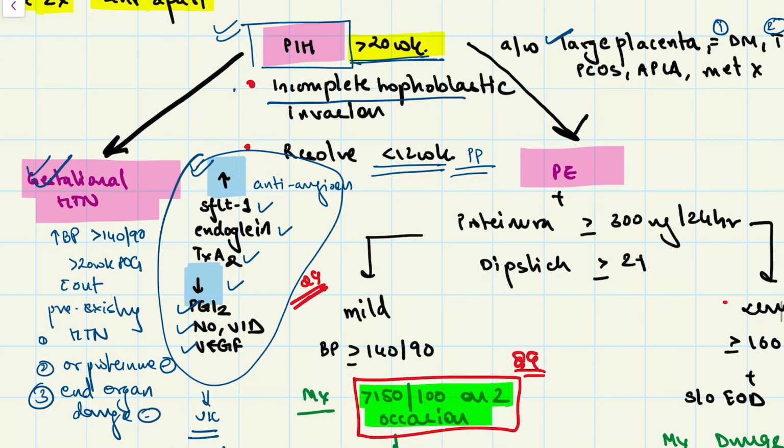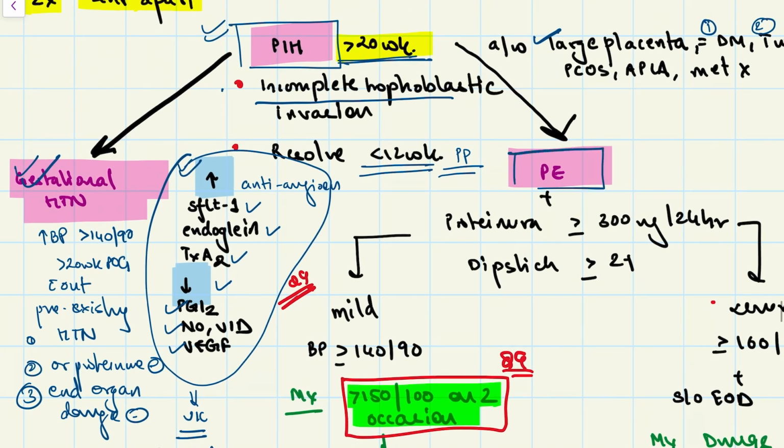While if the BP is elevated or there is new onset hypertension after 20 weeks of gestation associated with proteinuria, that is more than 300 mg per day, or a dipstick showing more than 2+ proteinuria with or without end organ damage, it is called as preeclampsia.